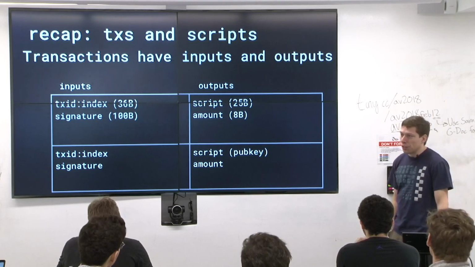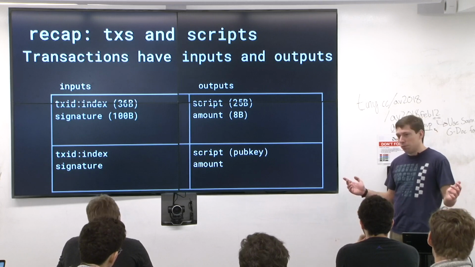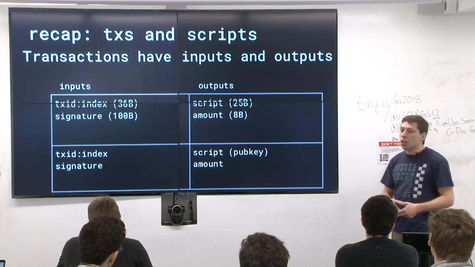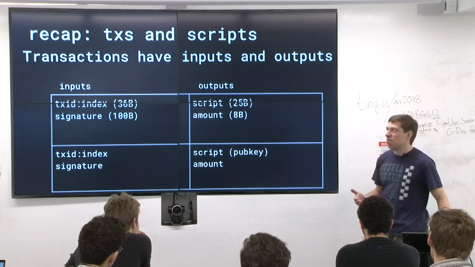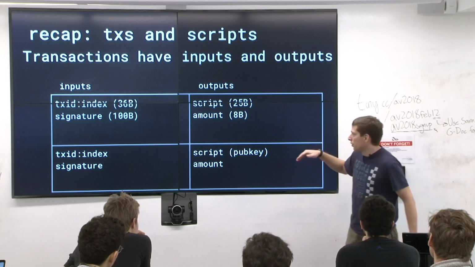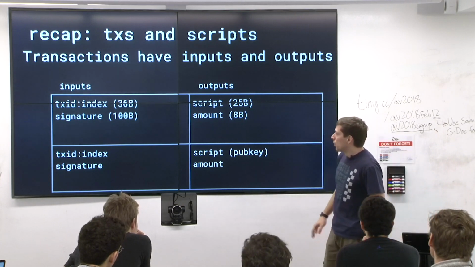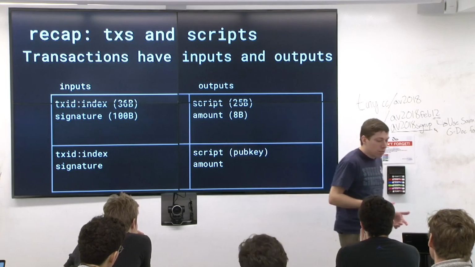And that's also overkill, since all the Bitcoins ever mined put together, if you added them all up, it's nowhere near 2 to the 64. It's like 2 to the 40 something, I don't know. So it's also kind of overkill, but yeah, whatever. So this ends up being, for a 1 input, 1 output transaction, less than 200 bytes.